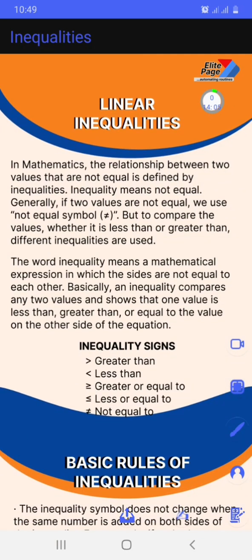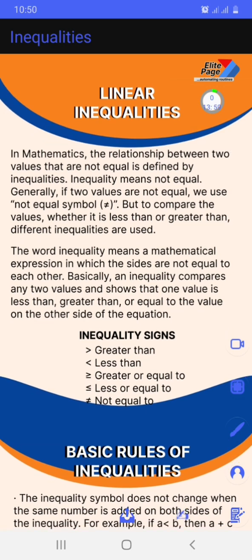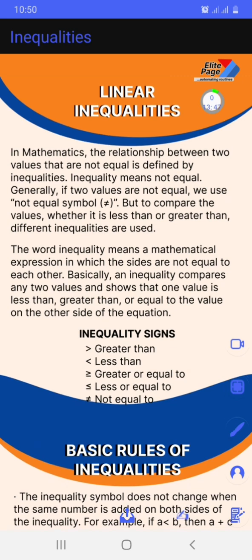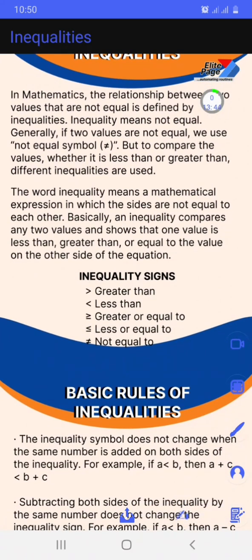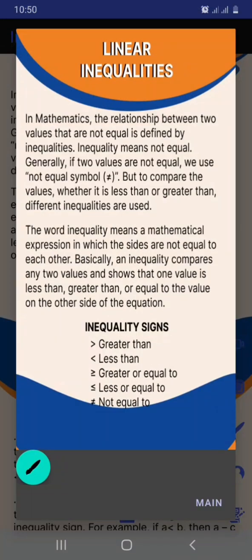Inequalities means not equal. Generally, if two values are not equal, we use the not equal to symbol, that is, equal to being slashed. But to compare the values, whether it is less than or greater than, different inequality signs are used. To this regard, we shall consider 5 basic inequality signs: greater than, less than, greater than or equal to, less than or equal to.